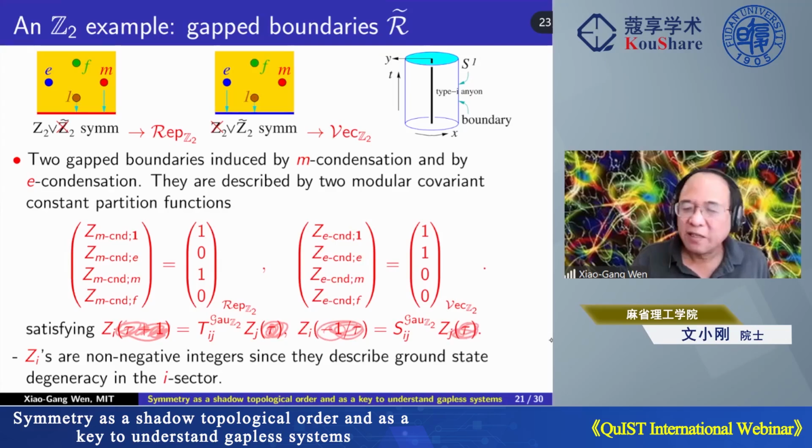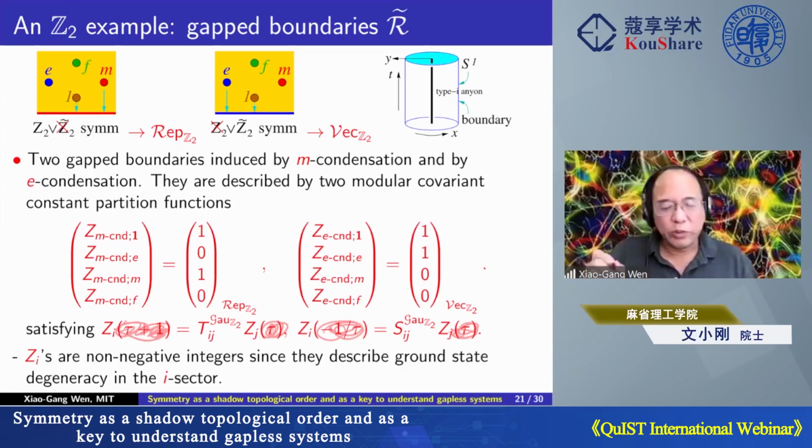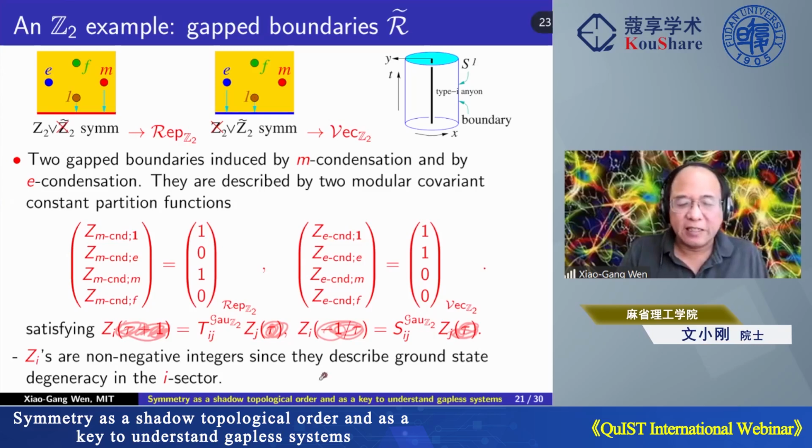So basically, we just need to find this constant vector, satisfying this modular covariant condition.